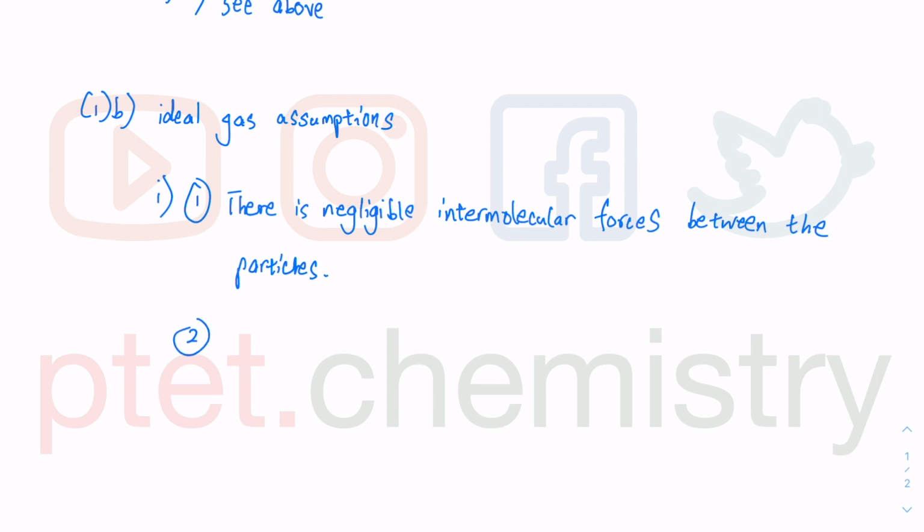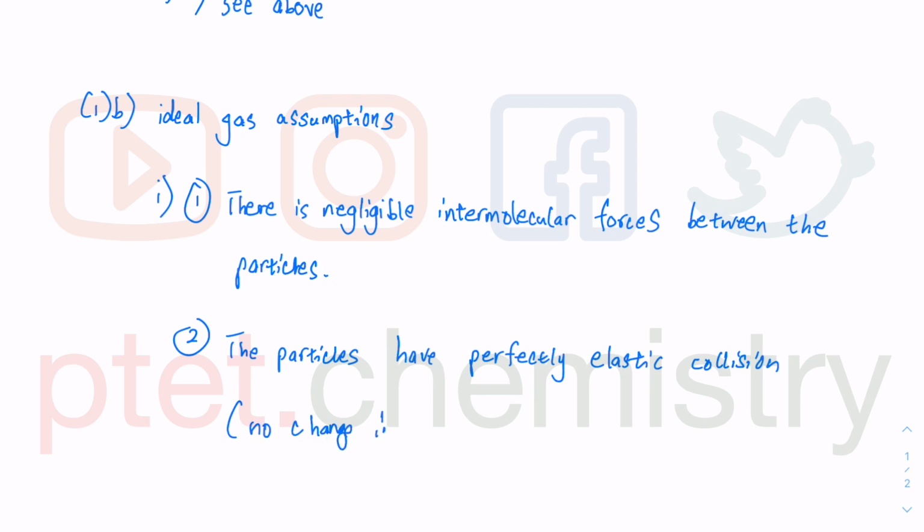The other thing that I can be thinking about is the particles will collide, obviously, but the particles have perfectly elastic collision. So perfectly elastic collision is a phrase that is used to describe the idea of conservation of energy, so there is no change in energy upon collision.